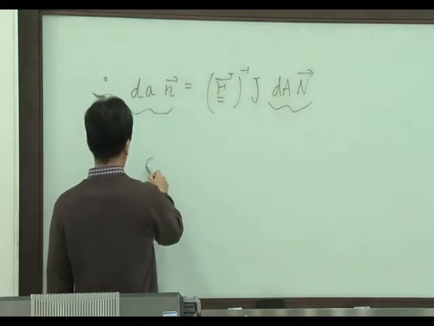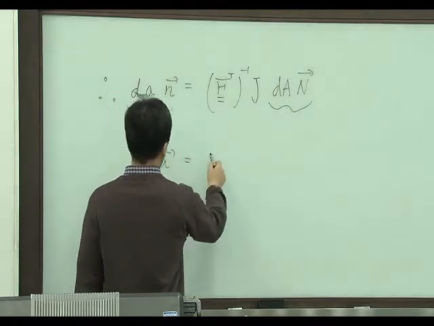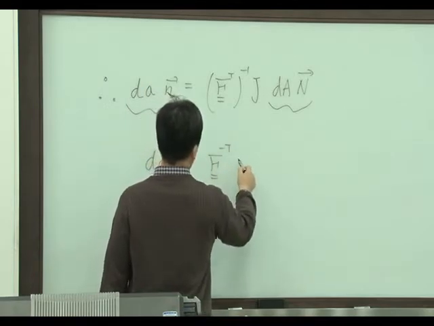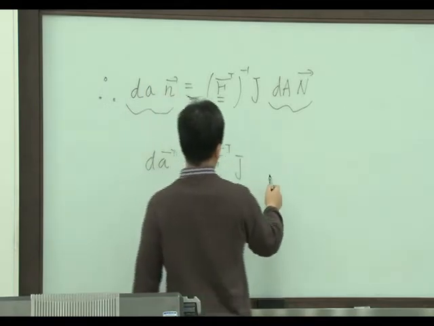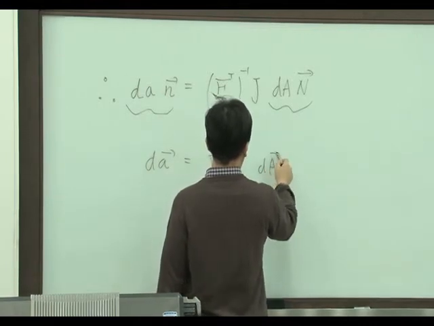So, in other words, da equals F minus T J dA. Same thing.